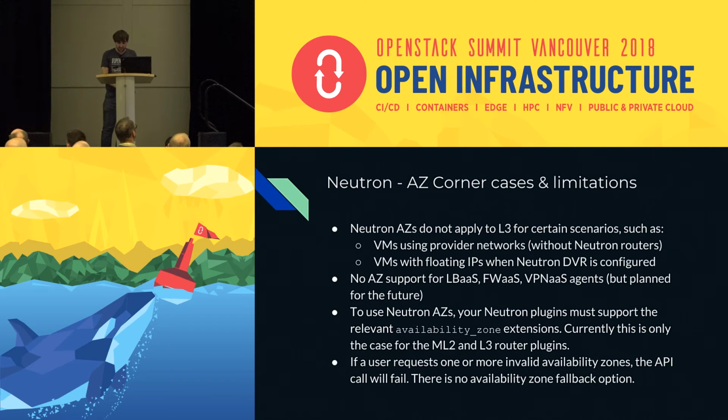And lastly, your Neutron plugins are going to need to support the availability zones extension, and this support is currently limited to the ML2 and the L3 router plugins. So you're not going to have any luck with Contrail or other third-party plugins at this time.